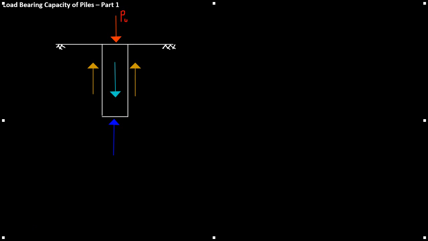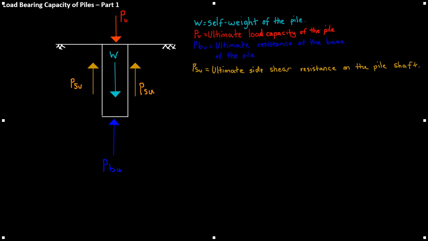If we have the ultimate resistance at the base of the pile, PBU, acting upwards, PSU acting at the sides of the pile, which is the ultimate shear resistance on the pile shaft, and W acting downwards, which is the self weight of the pile.